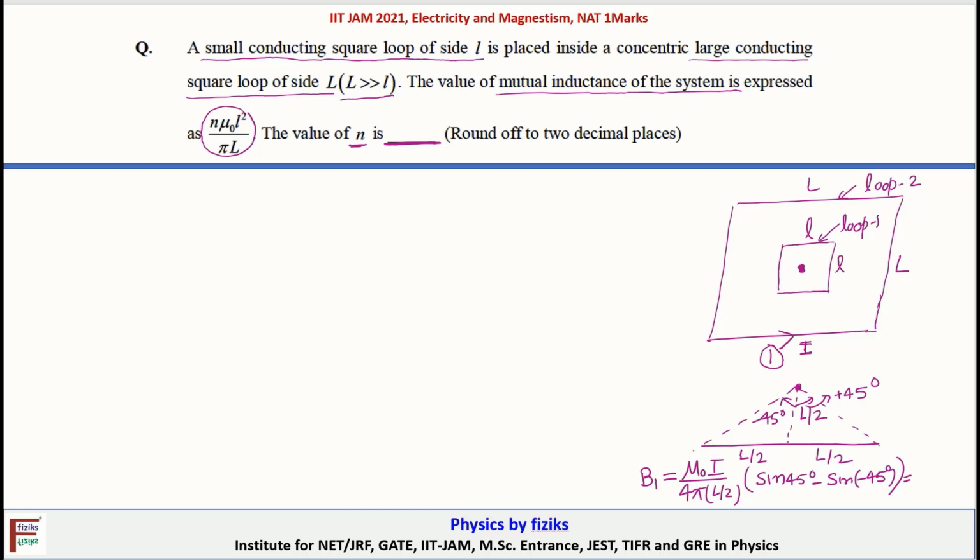So B1 is mu naught I by 2 pi L, and 2 sine 45 will give you 2 by root 2. So finally, the value of B1, the direction will be upward. The magnitude is mu naught I by root 2 pi L, and the direction will be upward.